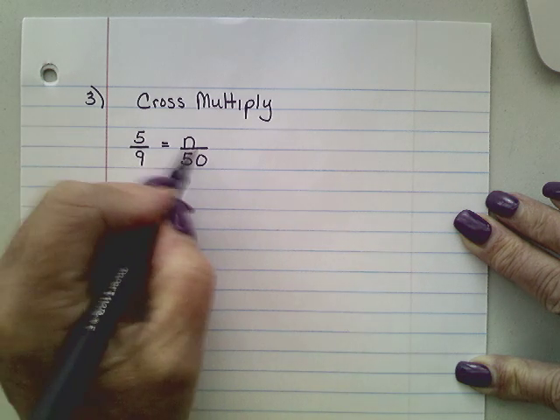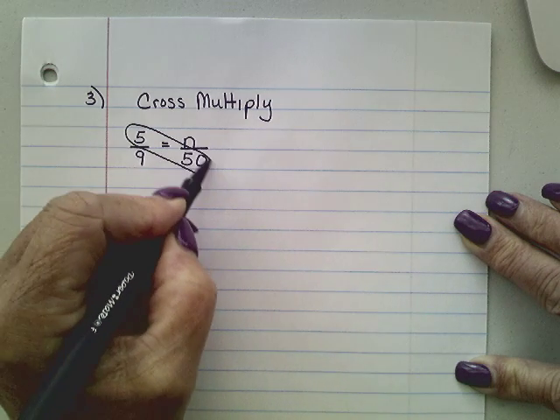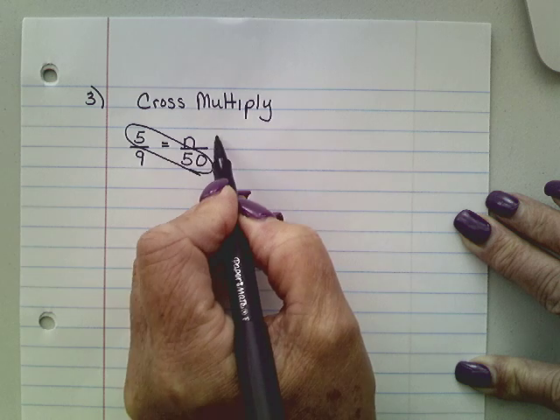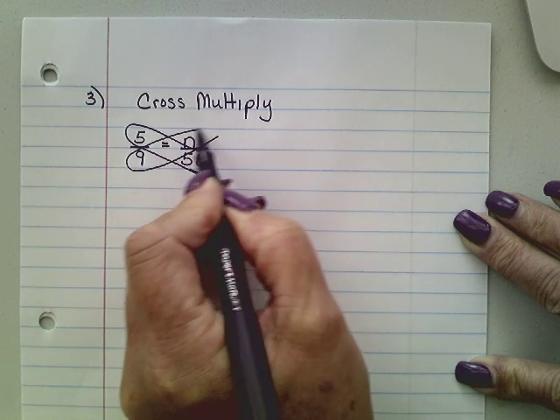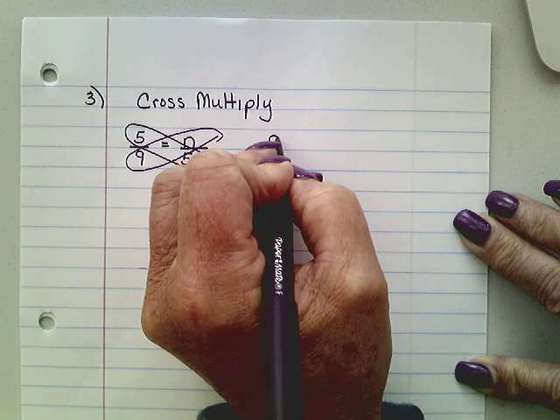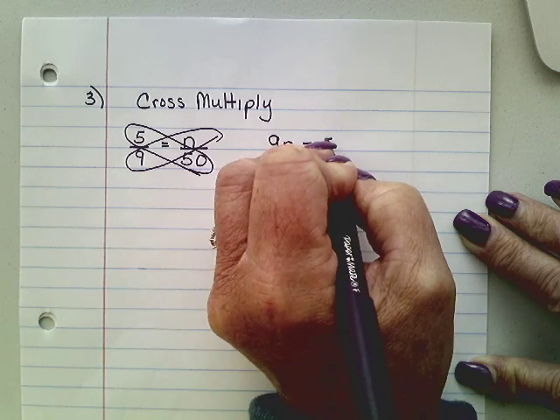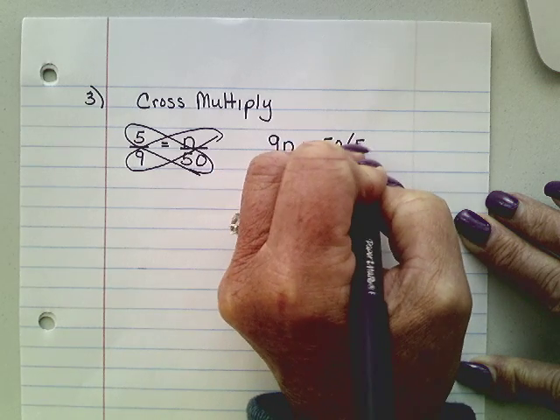So we know that these two ratios have to equal each other. So I'm going to multiply 5 times 50. And I'm going to multiply 9 times n. So 9 times n is going to give me 9n. And then I'm going to multiply 50 times 5.